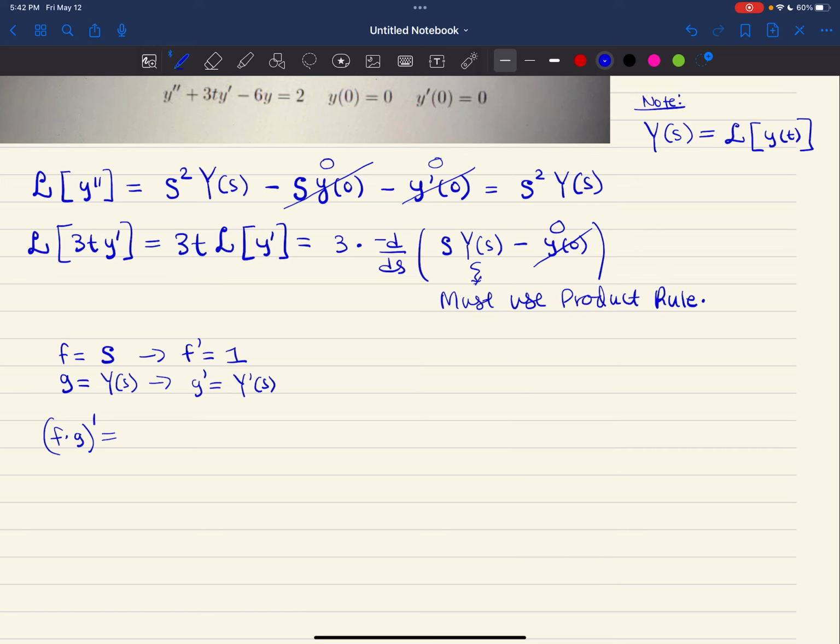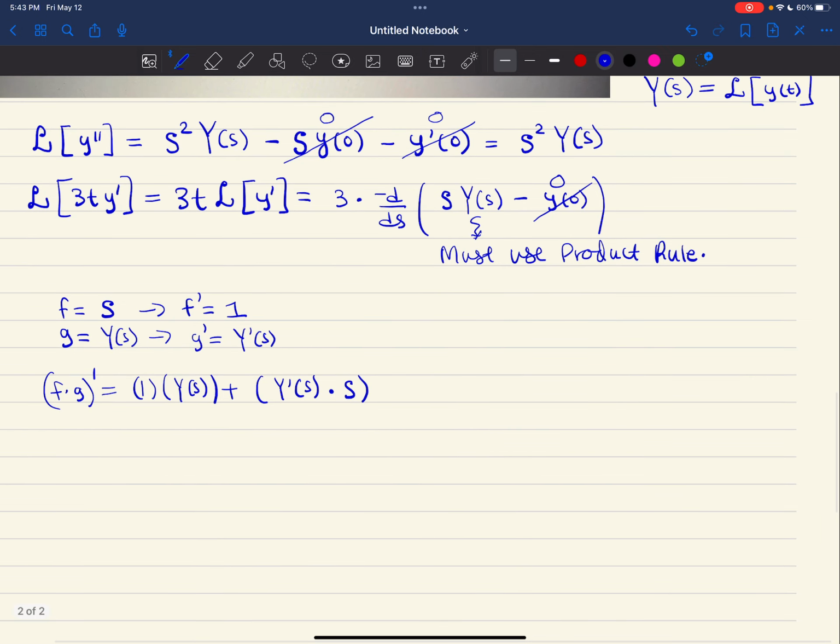So 1 times big Y of s plus big Y prime of s times s. So that's your product rule. If you simplify this, you get big Y of s plus big Y prime of s times s.